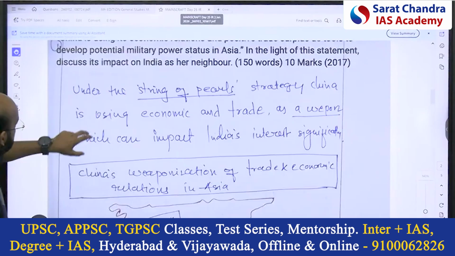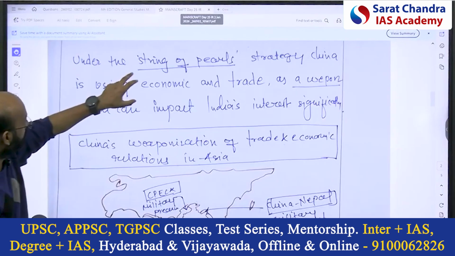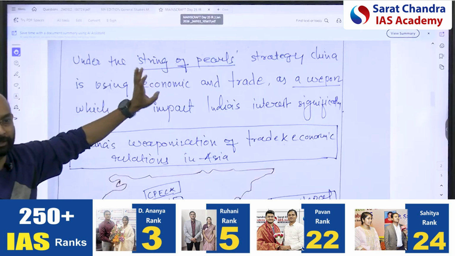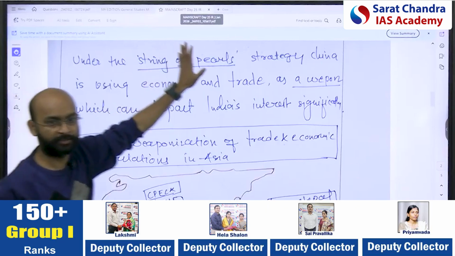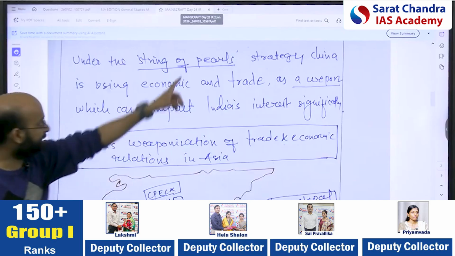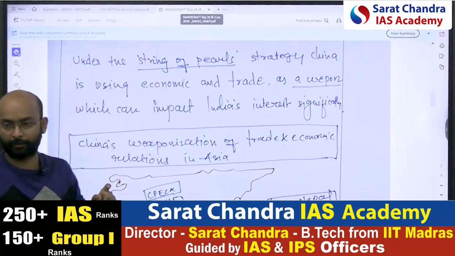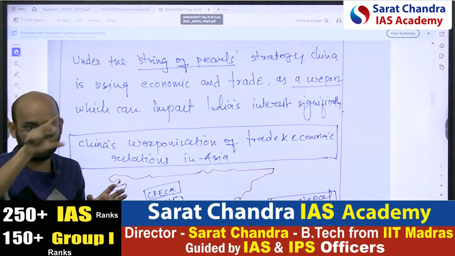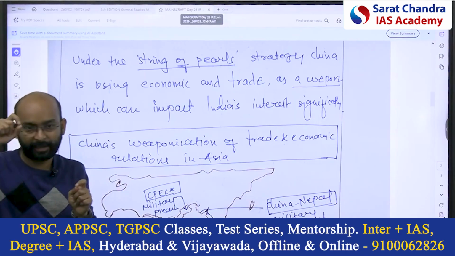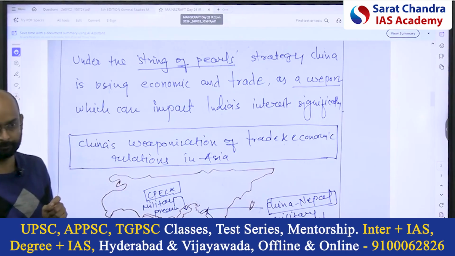Now the answer here says that this is basically their policy, which is very popular. Whenever we read about India-China relations, string of pearls in the Indo-Pacific, Indian Ocean, is basically their strategy. String of pearls means they want to develop their power pockets, and together they want to circle India. That's called strategic encirclement.